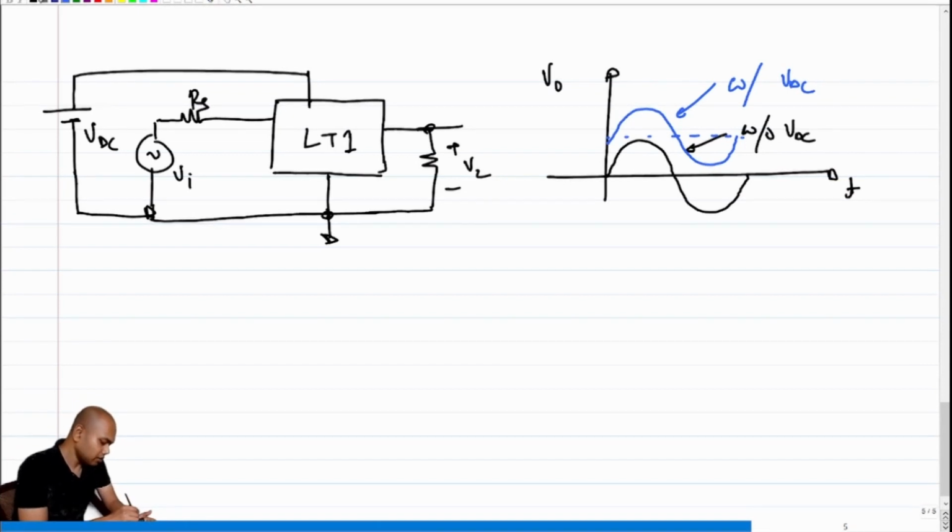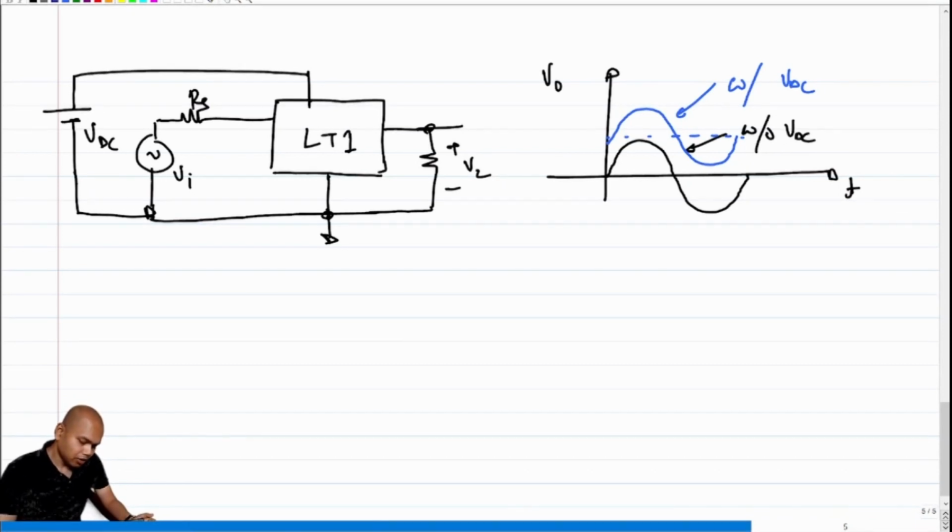Hence the power of the signal at the output doesn't really change, regardless of the fact that you have one extra DC supply, or a bunch of extra DC supplies, right? So what are we after? We are after a network which can increase the amplitude of the sinusoid itself, not just shift the sinusoid by a certain amount.